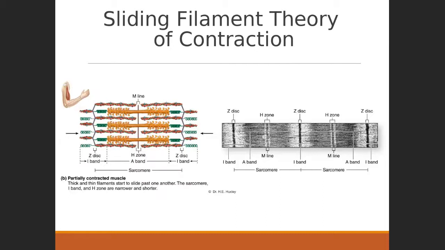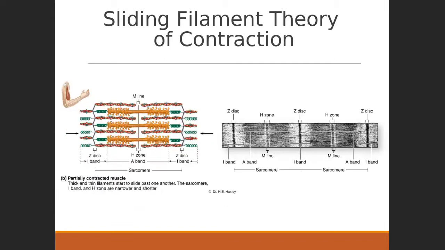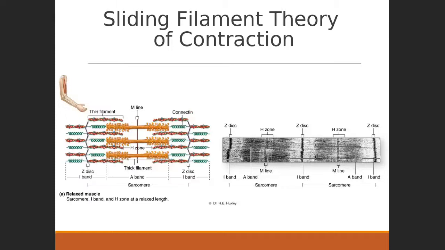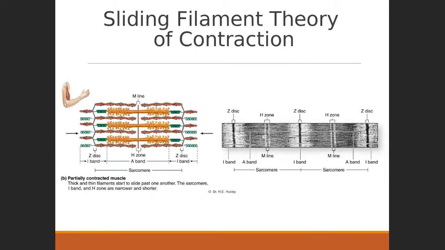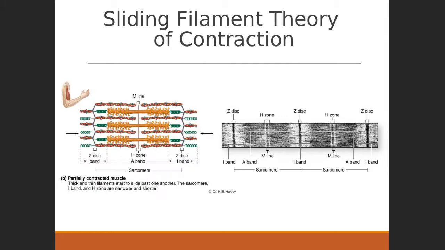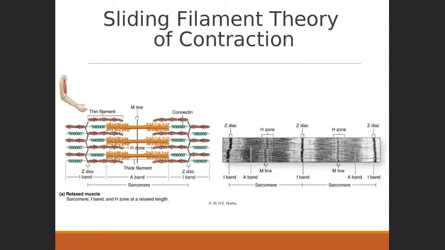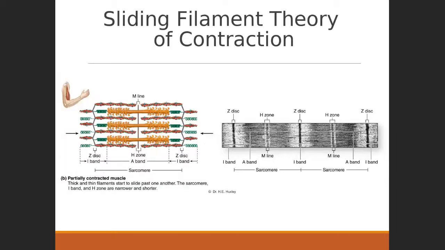You can see that our different bands, our H zone, our I bands, can change in dimensions as we're sliding those filaments over one another. And of course, we can take it one step further and shorten even more, getting an even greater degree of sliding and overlap as we lengthen and shorten that muscle.